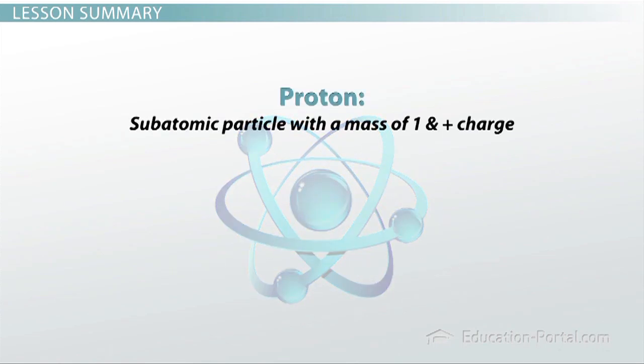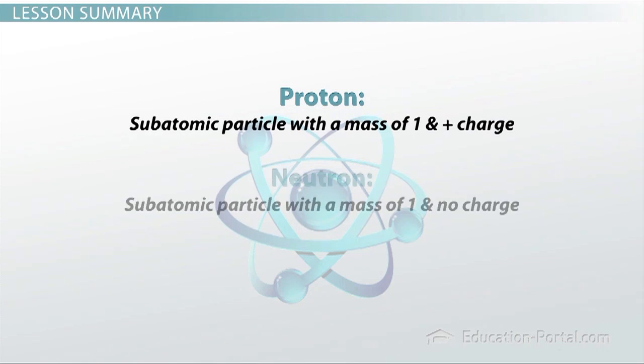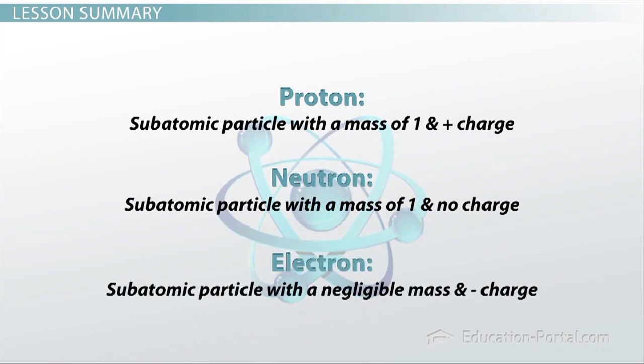One subatomic particle is a proton, which has a mass of 1 and a positive charge. A neutron is a subatomic particle with a mass of 1 and no charge. And finally, an electron is a subatomic particle with negligible mass, which for our purposes of biology will count as being 0, and a negative charge.